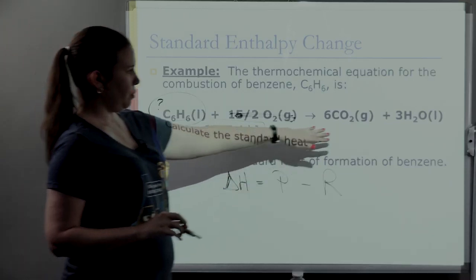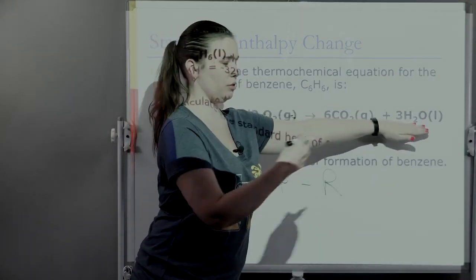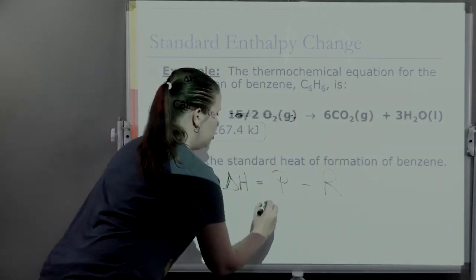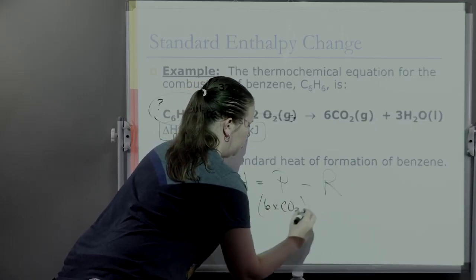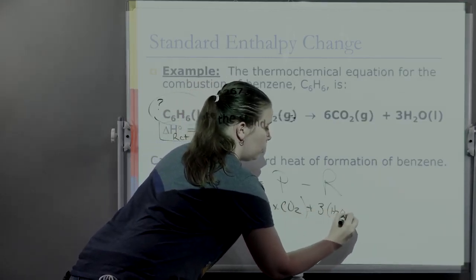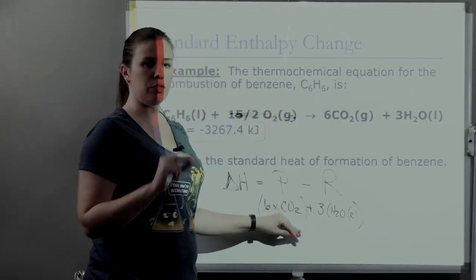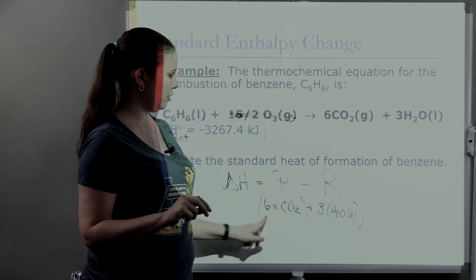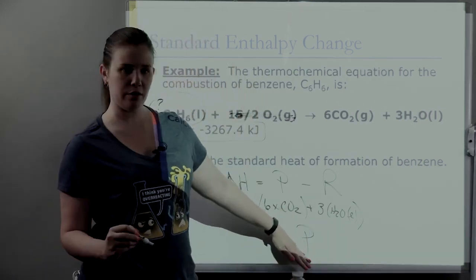What I do want to look up is my carbon dioxide's heat of formation and my water's heat of formation. So I'm going to do 6 times the number for the CO2, and I'm going to do 3 times the number for the H2O. Watch the phase there, liquid H2O. Pull those numbers up on the chart and plug them in to multiply, and we should be able to get the total number of the product.